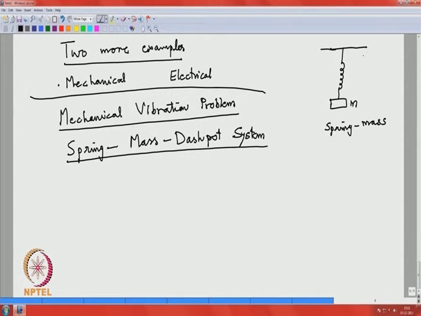Suppose its length is L right now. You pull it or push it by a length of delta L. Then the spring has a restoring force, that is what the spring will do.